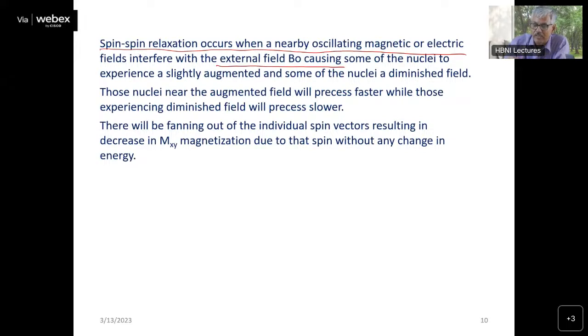Automatically, some nuclei will precess faster and some will precess slower. So that's why the fanning out is happening. This fanning out of the individual spin vectors results in a decrease in the Mxy magnetization, and that is nothing but them losing the phase coherence.